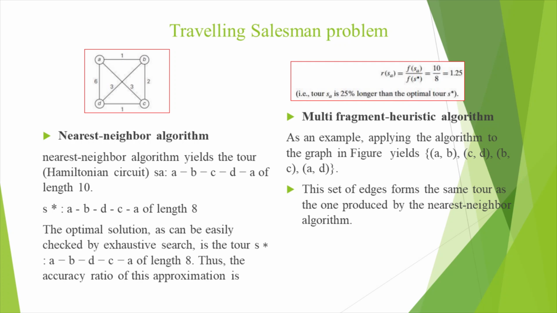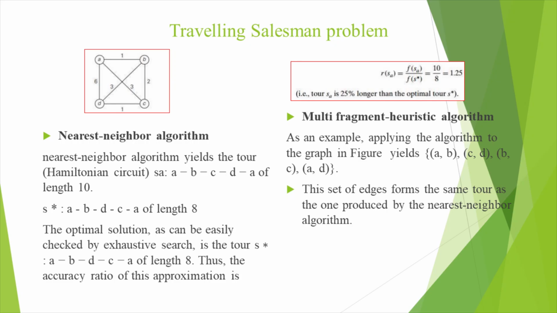Here the sorted edges are A to B, that is 1, C to D is 1, B to C is 2, A to C is 3, B to D is 3, and A to D is 6. Now select edges while maintaining the degree less than 2 and avoiding the cycles.